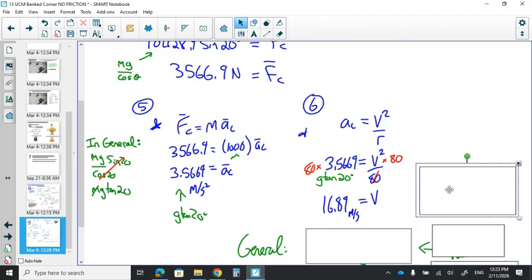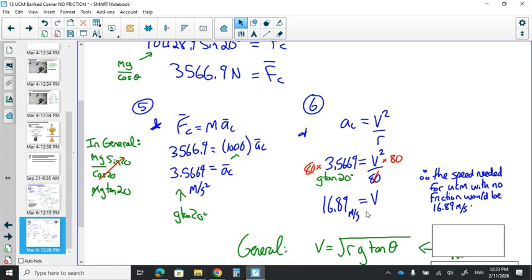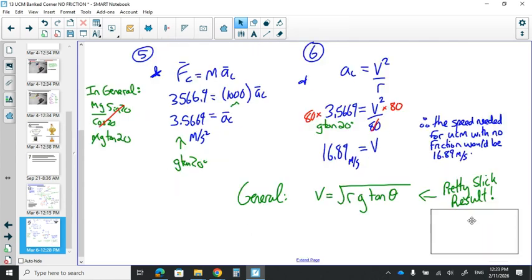So that's why this is equal to the root of r g tan 20, multiplying the r on both sides, rooted to get rid of the square. That's a pretty slick result.